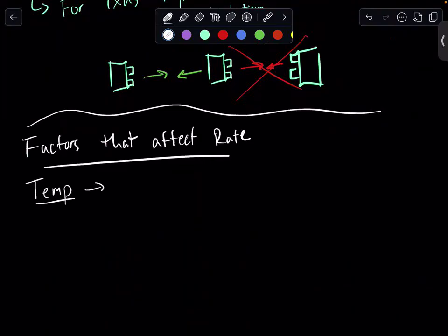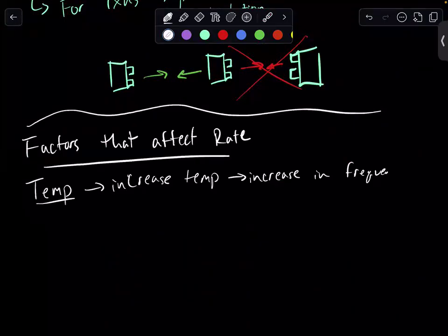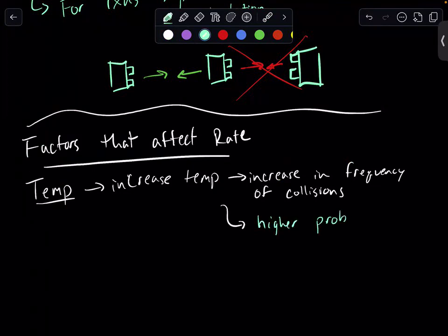So we already stated this, but an increased temperature is going to relate to an increase in frequency of collisions as well as a higher probability of particles having energy greater than or equal to our activation energy.